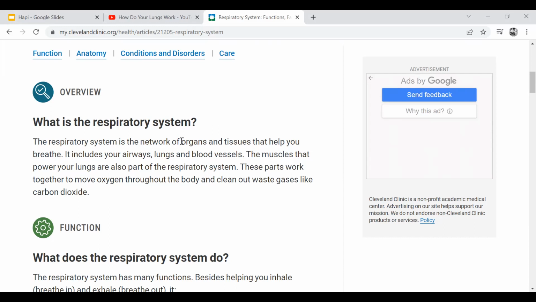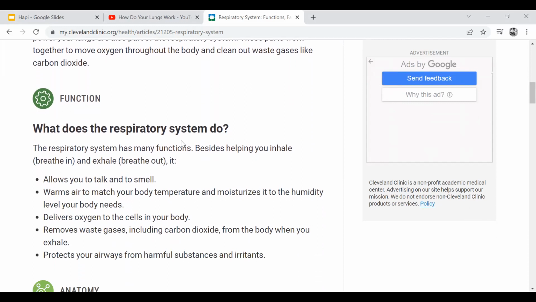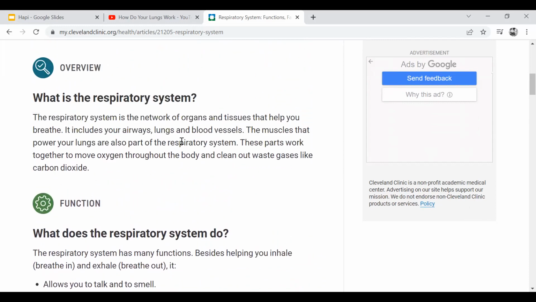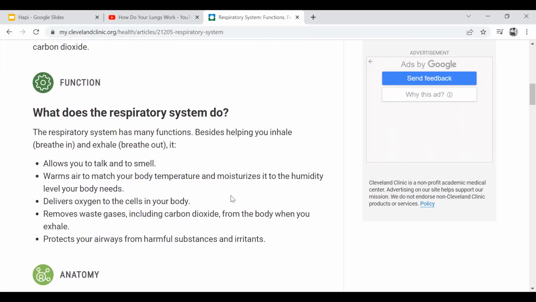These parts work together to move oxygen throughout the body and clean out waste gases like carbon dioxide. This is so important. A lot of us are not aware that breathing cleans out the body. And gets rid of the waste gases, you know, and helps us to be stronger.